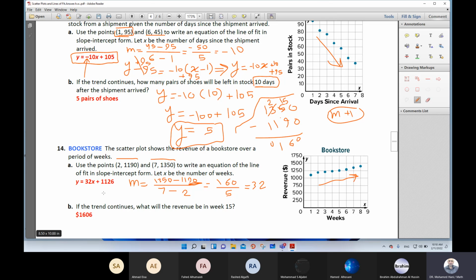Then substitute in the same equation y minus y1. You can choose the first point or the second point. For example, I will choose this point. So y minus y1, minus 1,190, equal the value of m, which will be 32, multiplied by x minus 2.